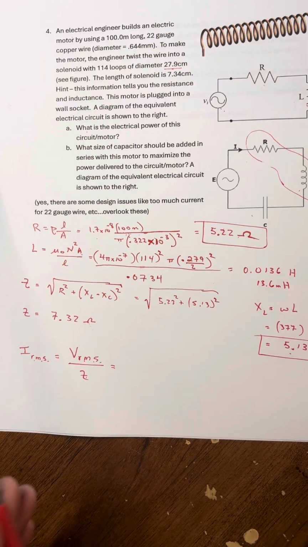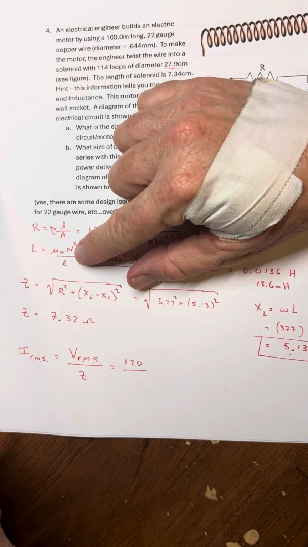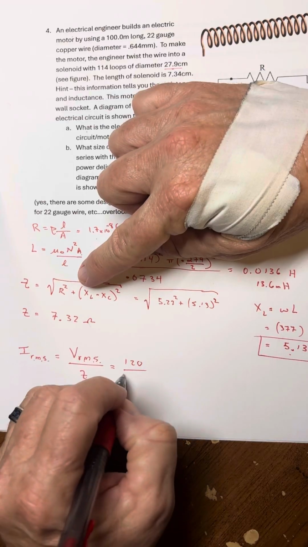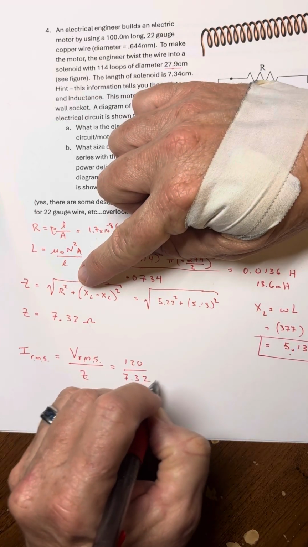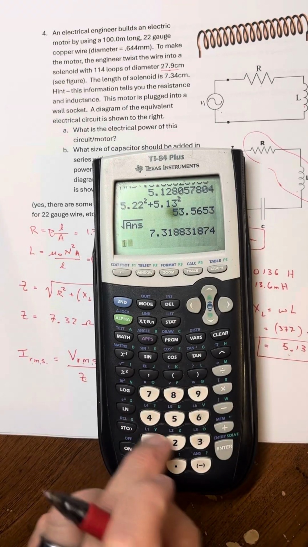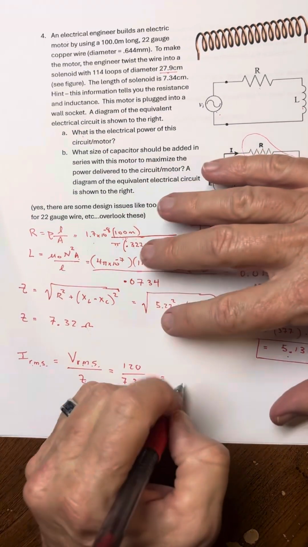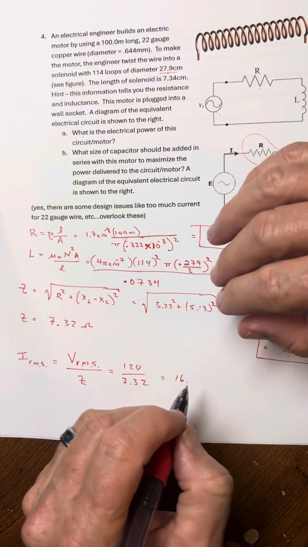Your peak is about 170. So using the RMS of 120 divided by 7.32, this should give me my RMS current. So 120 divided by my last answer. And so we're looking at a significant amount of current.